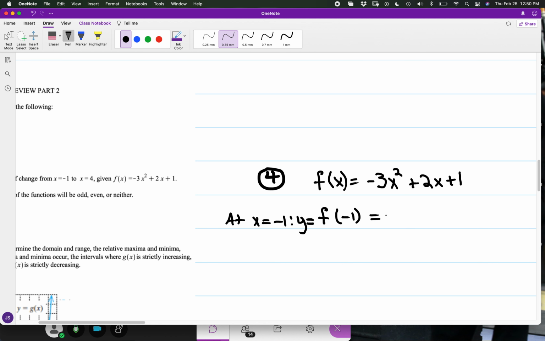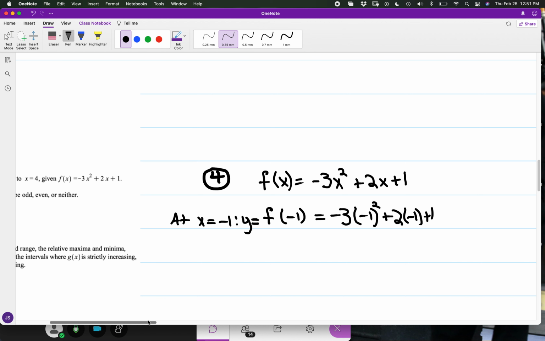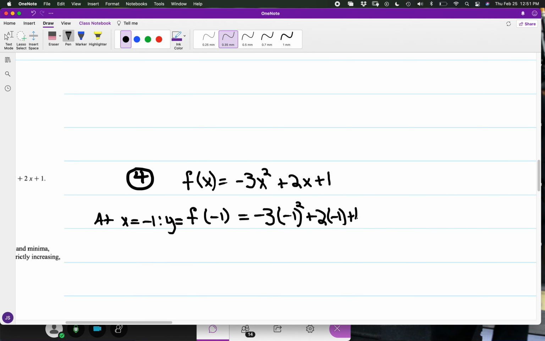So we have -3 times the square of -1 plus 2 times -1 plus 1. And so we have -3. -1 squared is +1. 2 times -1 is -2.